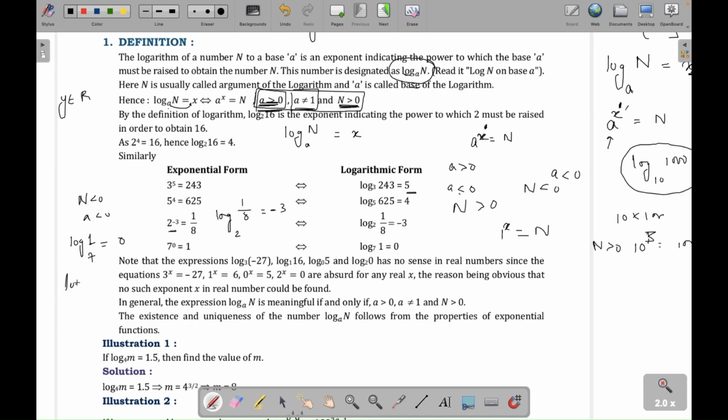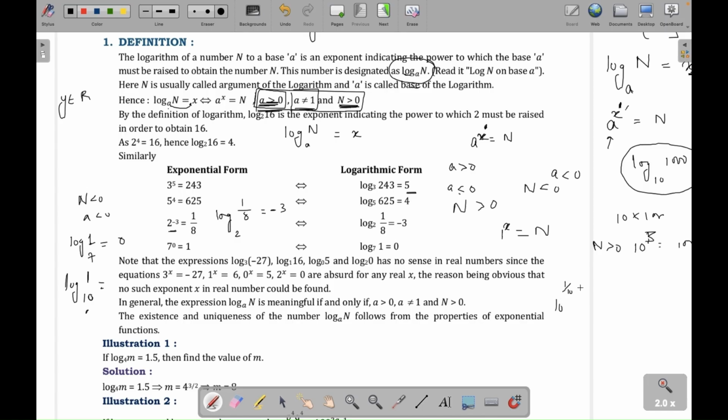What is log of 1 base 10? What is the value of this? No. So what question should you ask yourself? What power should I raise 10 by so that I get 1? No. See, 10 to the power 1 upon 10, what is the value? This is the 10th root of 10.